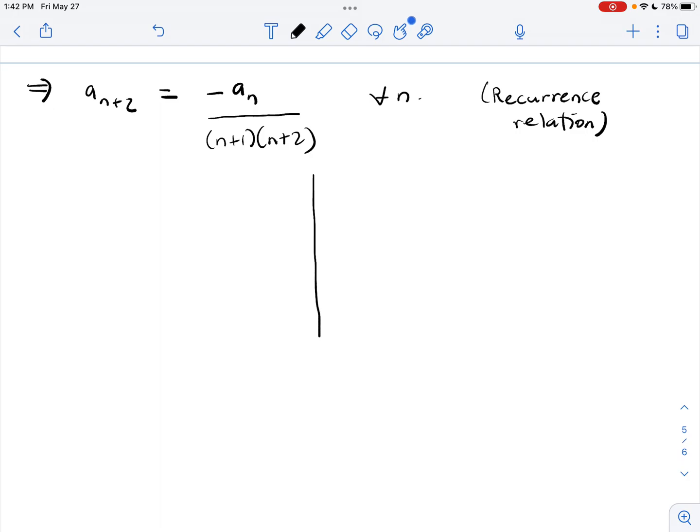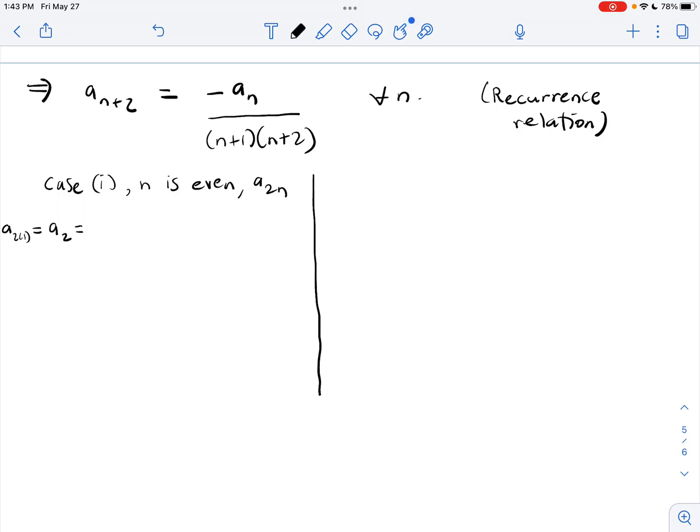So what are our 2 cases? Our first case is going to be that n is even, which means we're looking at all of these terms, a sub 2n. So we're going to start with a2. What is a2 equal to? Remember, this is the same as a sub 2 times 1, right? 2n, right? So what is a2 going to equal?